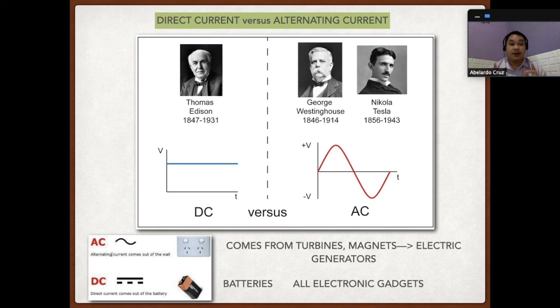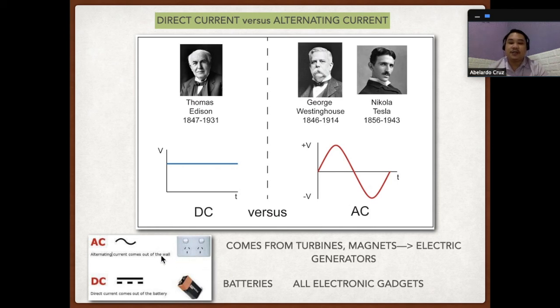By the way, there are two types of electricity. That is direct current and alternating current. Direct current was discovered by Thomas Edison, and alternating current was discovered by Nikola Tesla and George Westinghouse.